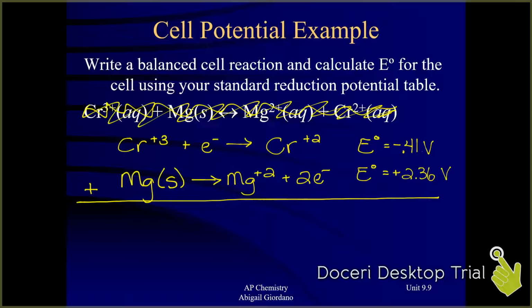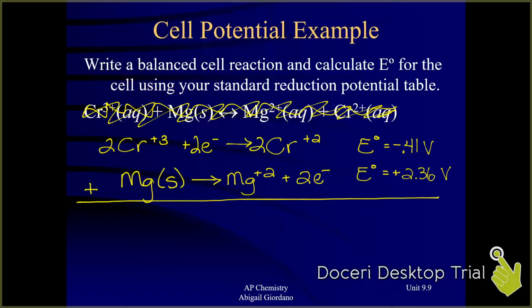If you recall back from previous units, what do we do? I'm going to multiply this chromium half reaction, the whole thing, times 2. And now my electrons will cancel out. Pay attention for a minute here, guys. To make the electrons cancel out, I multiplied that whole chromium half reaction times 2.